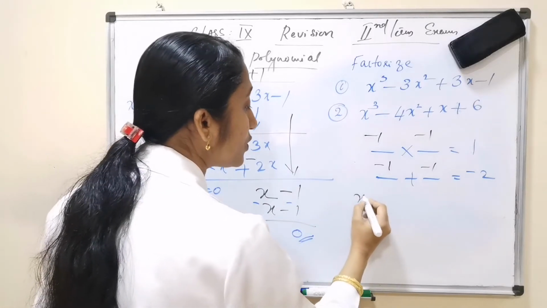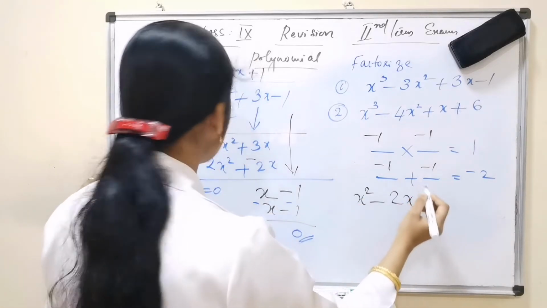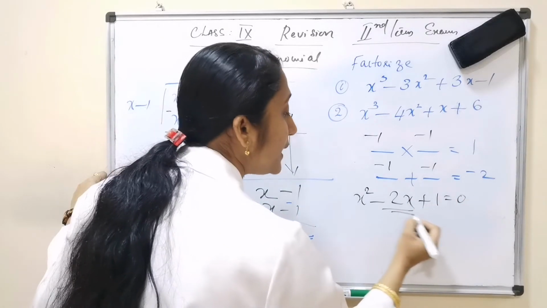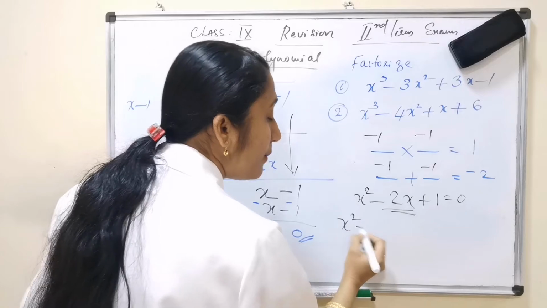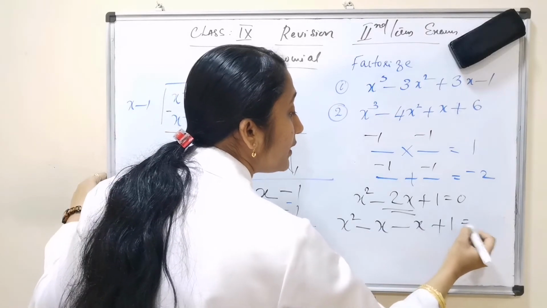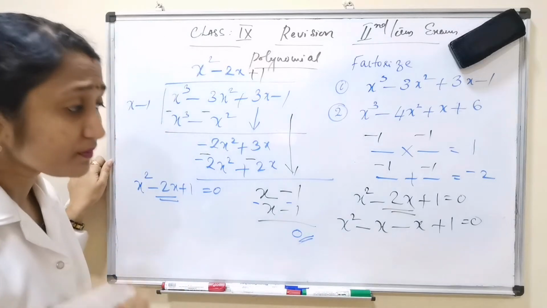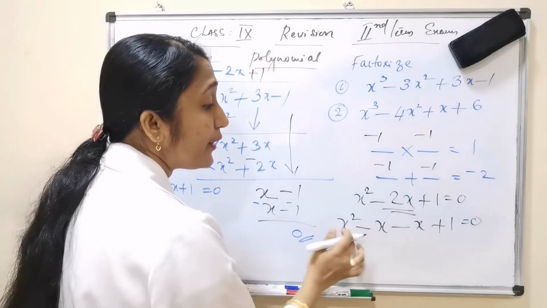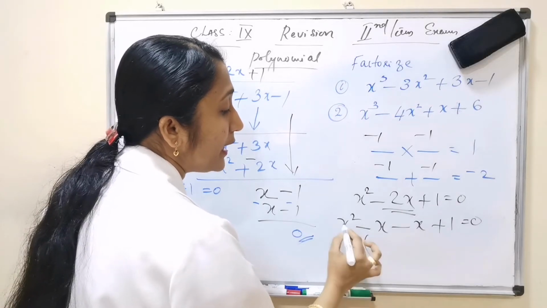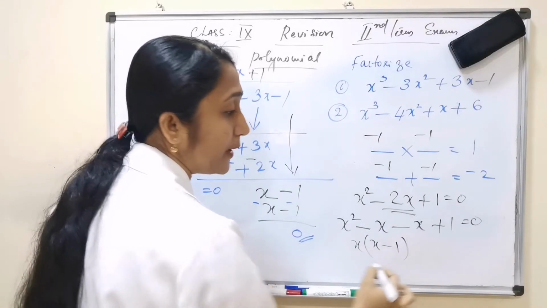So x square minus 2x plus 1 equal to 0 means we have to split this term. So x square minus x minus x plus 1 equal to 0. That means, look at this. From the first two terms we have a common x, so here remaining x minus 1.